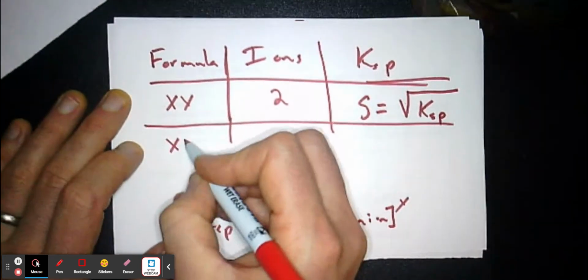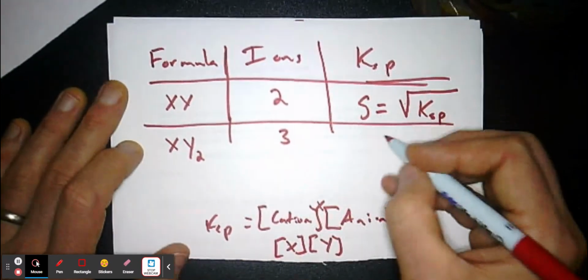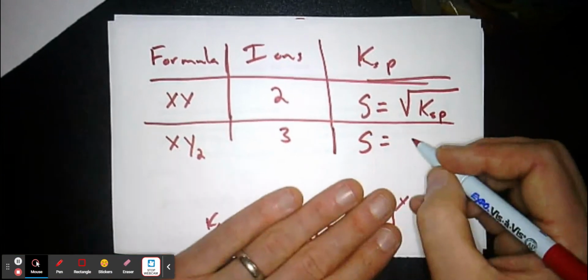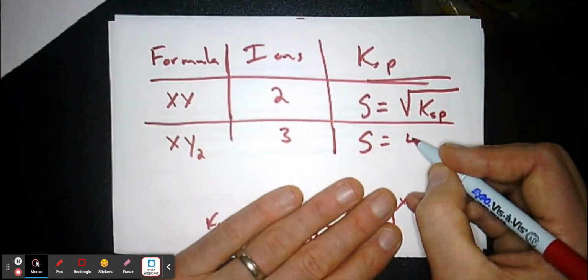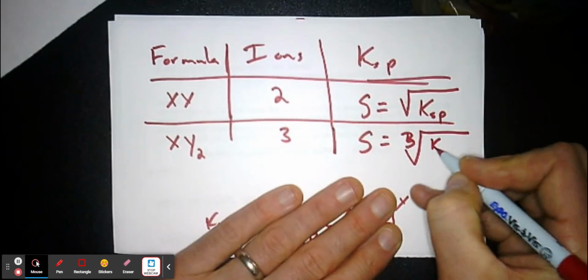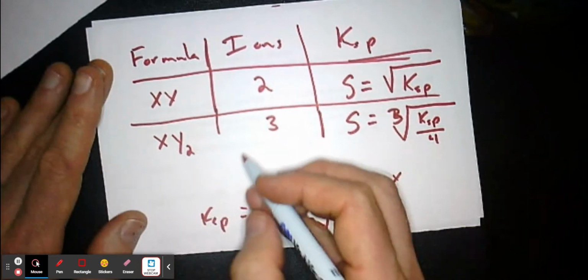So S would be equal to the square root of my Ksp value. If I've got X, one of these two, I've got three ions, my S, my molar solubility, becomes the cube root of my Ksp divided by 4.